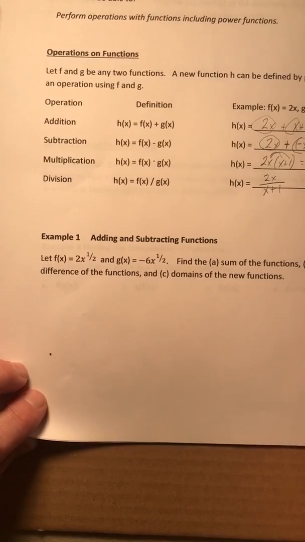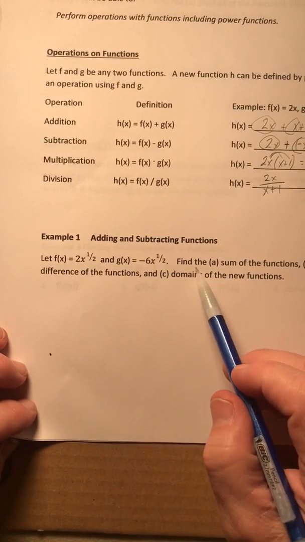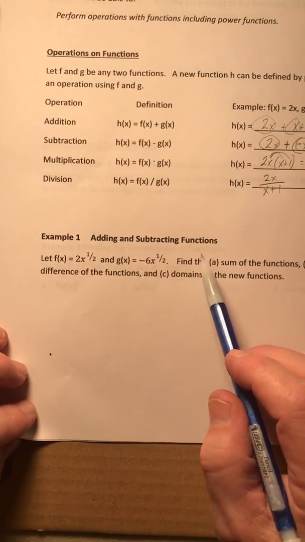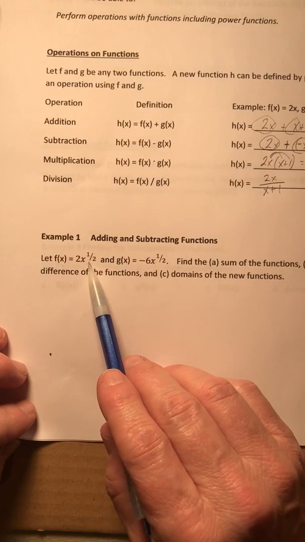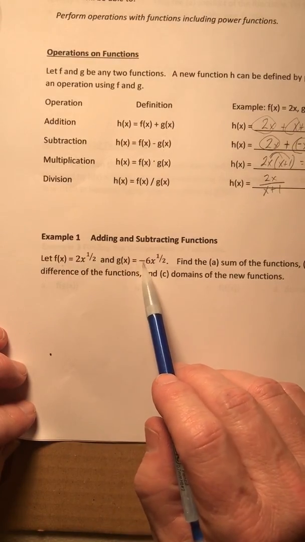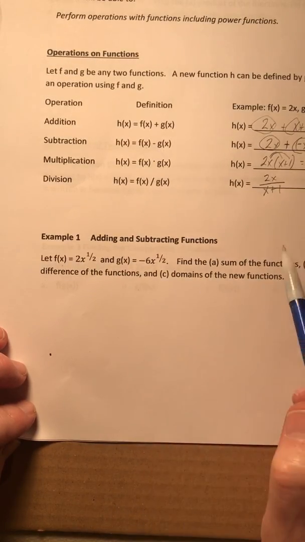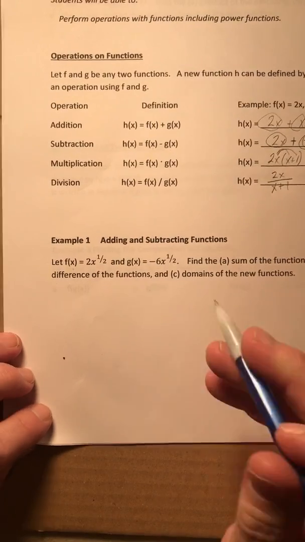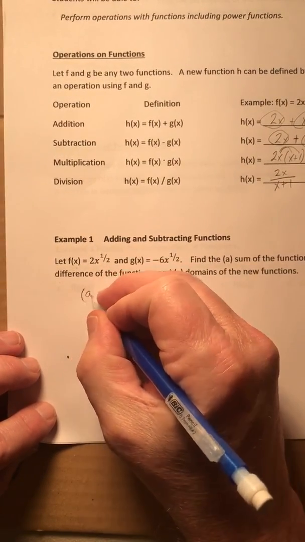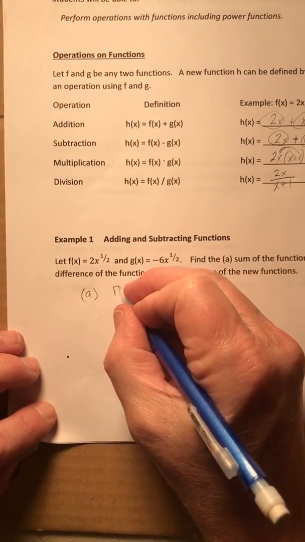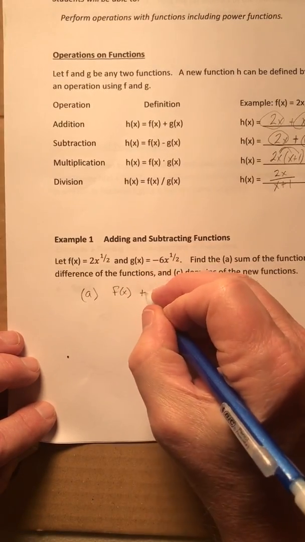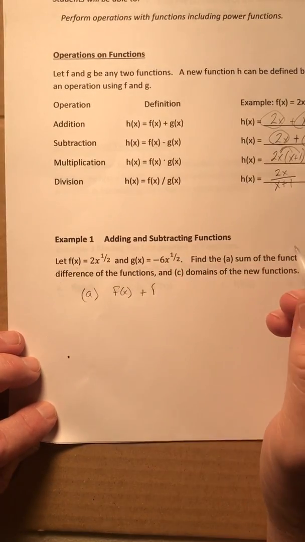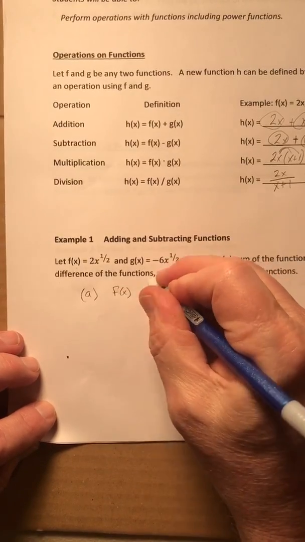All right, some examples with this. We're going to add and subtract two functions. F of x is 2x to the 1/2 power, and g of x is negative 6x to the 1/2 power. We're going to find the sum of the two functions. So a is the sum: f of x plus g of x.